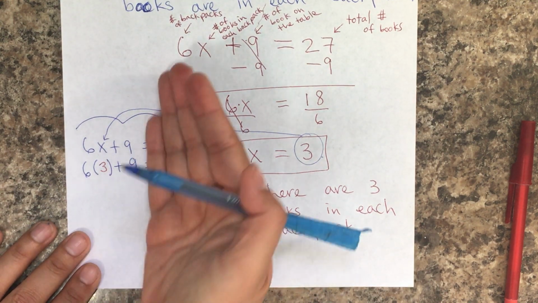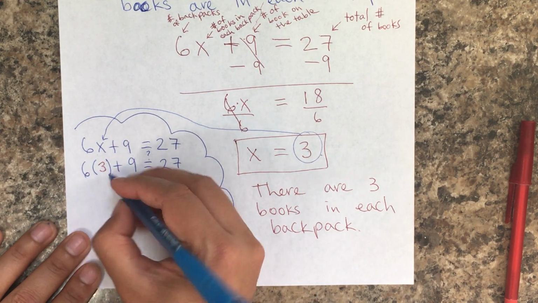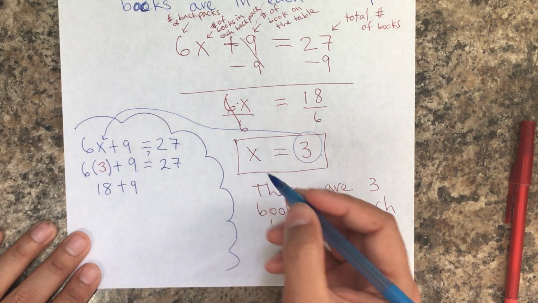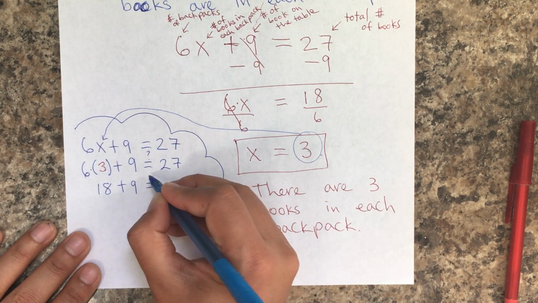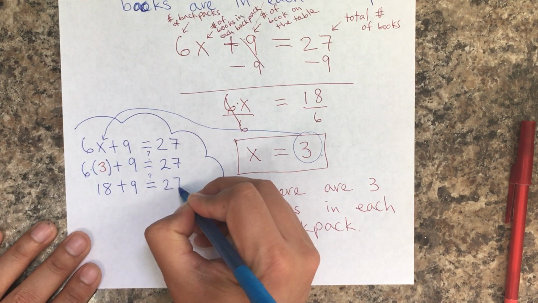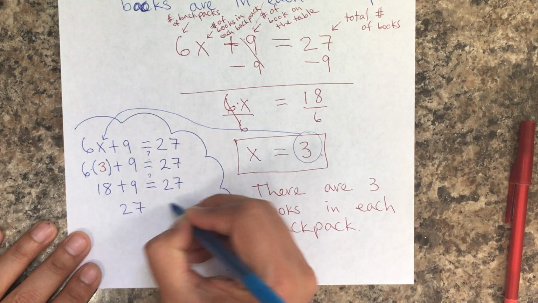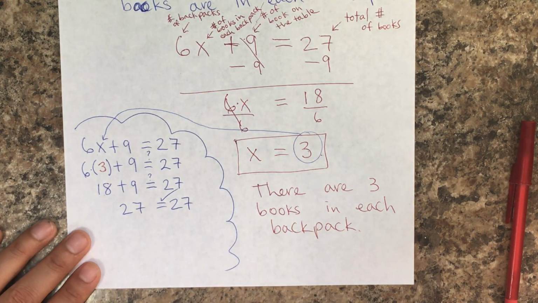We use PEMDAS on this side, and this you just keep bringing down. 3 times 6 is 18 plus 9, because in PEMDAS multiplication comes before addition. Is it equal to 27? 18 plus 9 is 27, so we say yes, it is the same, so we say check.